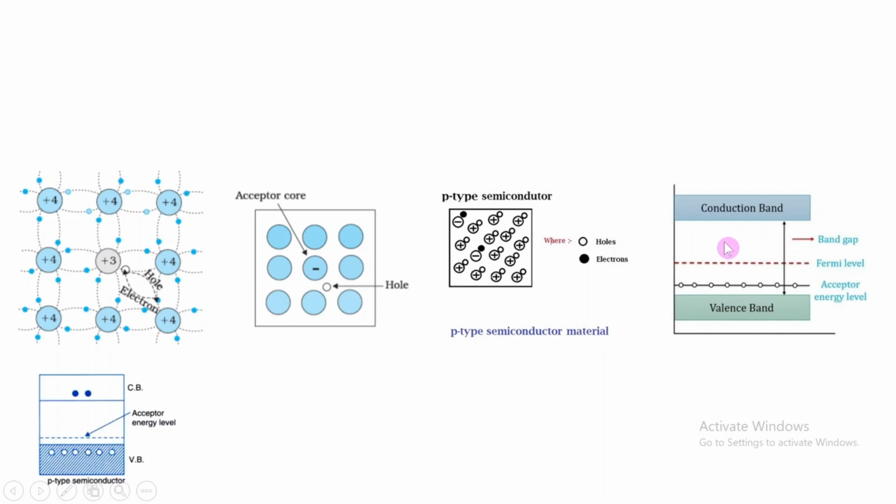Now, if we provide some energy from the external temperature, since the band gap is small, all these holes will jump into the valence band, and the amount of holes in the valence band is more.